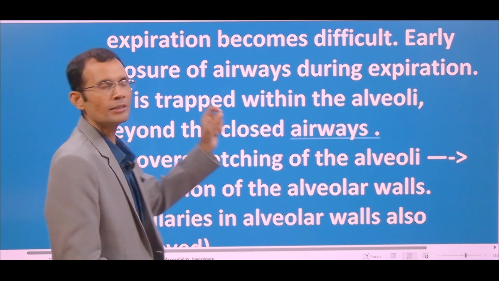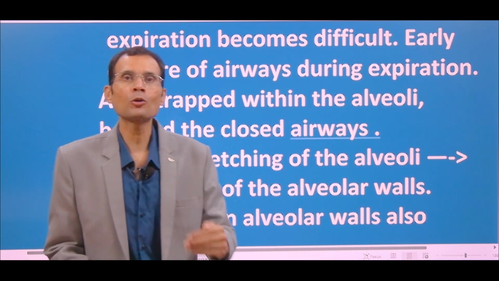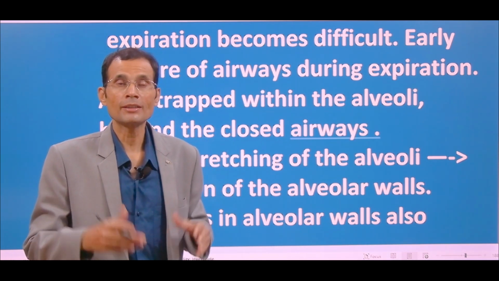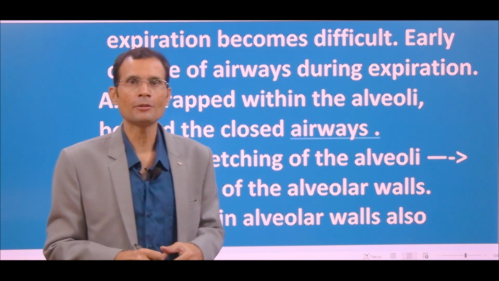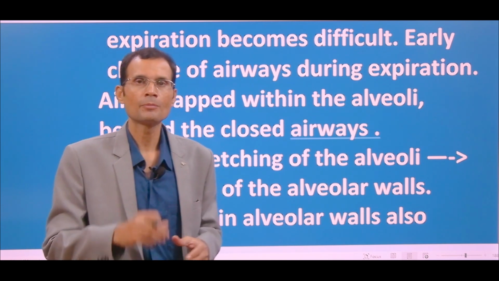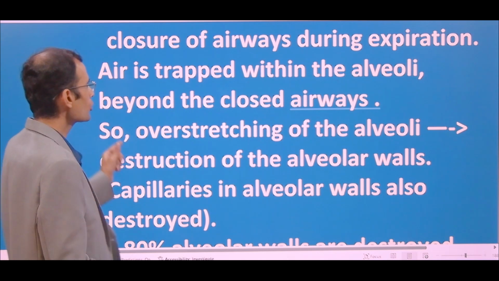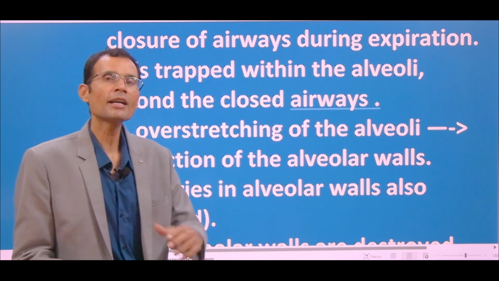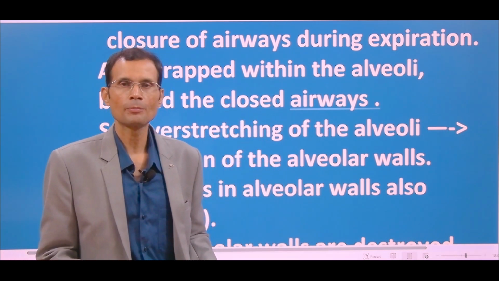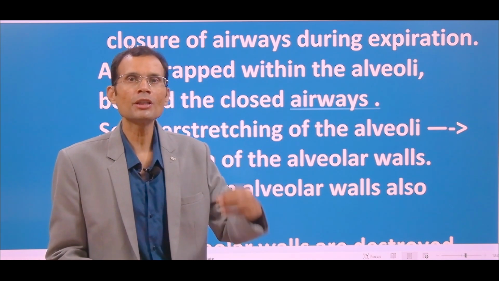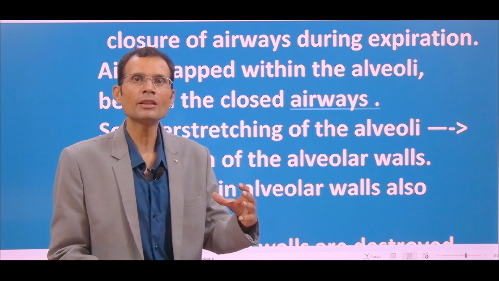What happens in these conditions is that there is early closure of airways. Early means earlier than expected, earlier than desired. So early closure of airways during expiration, because of which the extra air gets trapped within the alveoli. And this goes on happening and happening. Slowly, the extra air is getting trapped in the alveoli.